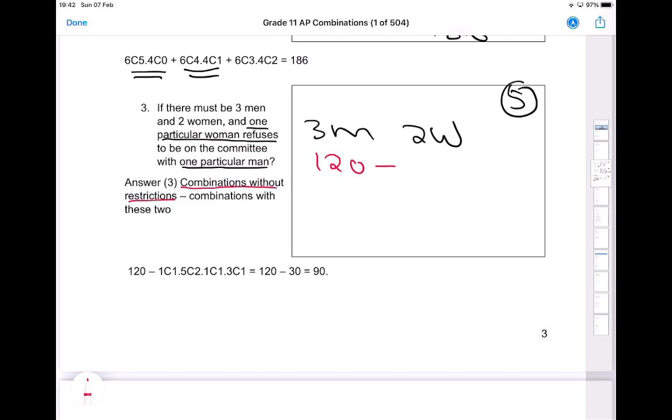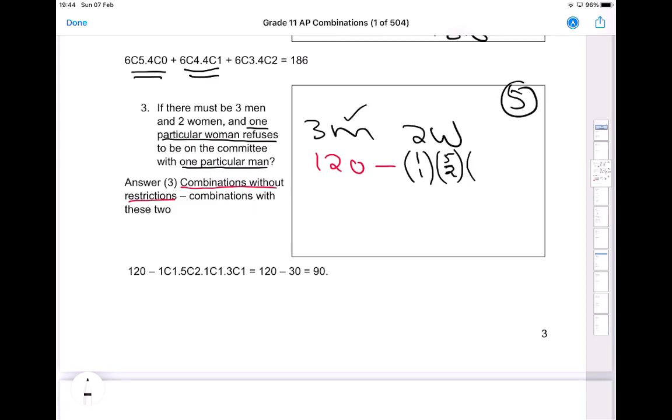So for the number of ways these people can be together, this is what it means. That man should be there. That means we're choosing that man in only one way. But remember, we need a total of 3 men, so we need to choose 2 more men from the remaining 5, which is why this would be 5, 2.